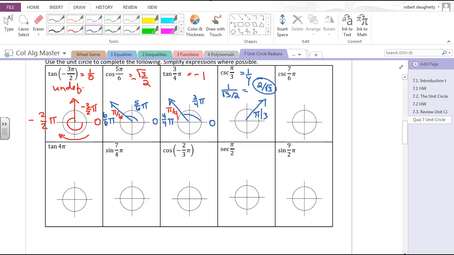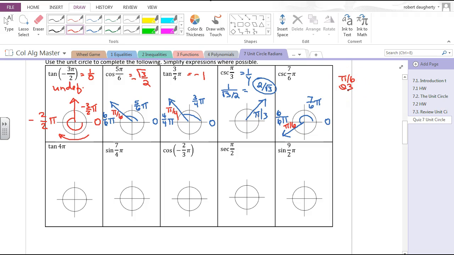Cosecant of 7/6 pi. Do the same thing. This is 0. This is pi. Let's call it 6 over 6 pi. Well, that means that 7 over 6 pi has to be right here in the third quadrant. So that's 7 over 6 pi. And that means that the central angle is pi over 6. So I need to figure out the cosecant of pi over 6 in quadrant 3.